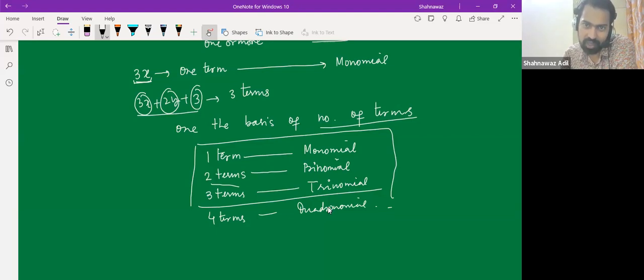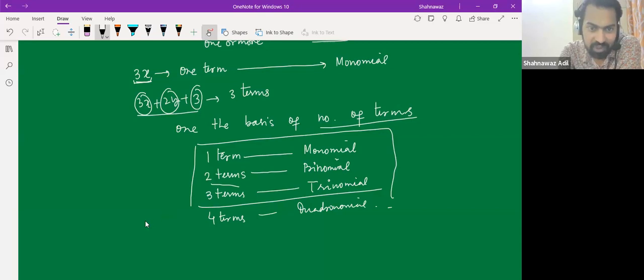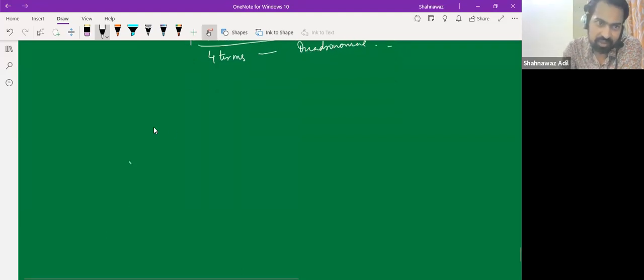But we have some certain conditions. To have a polynomial, we have some certain conditions, and these conditions must be satisfied. So what are those conditions?